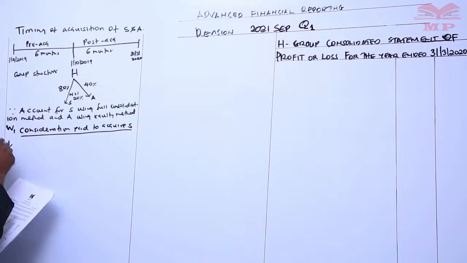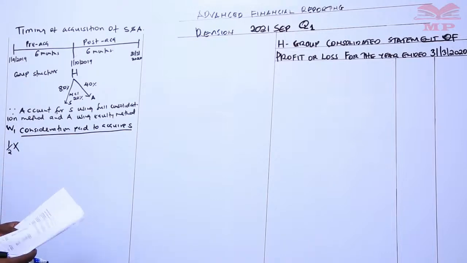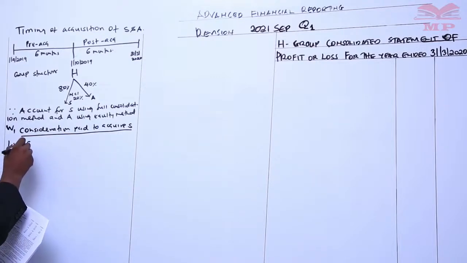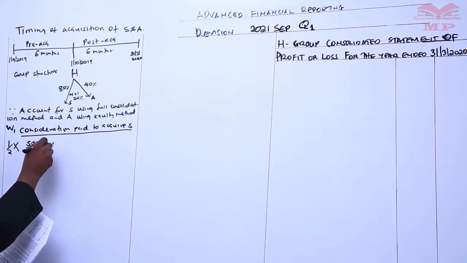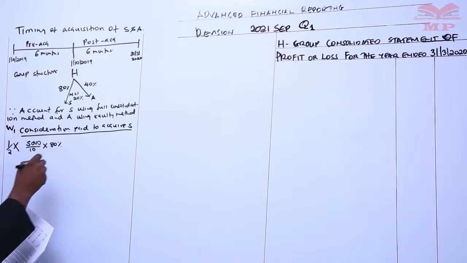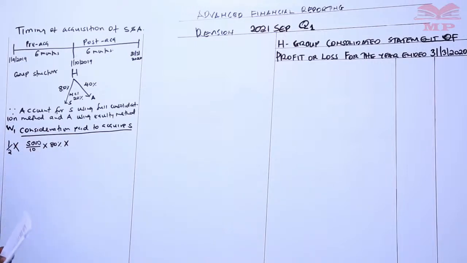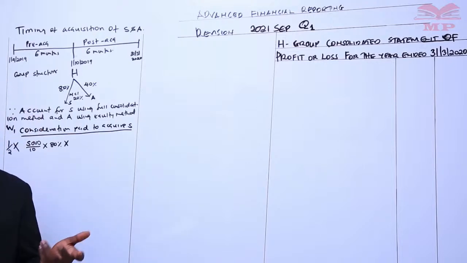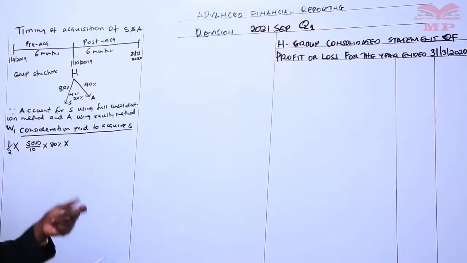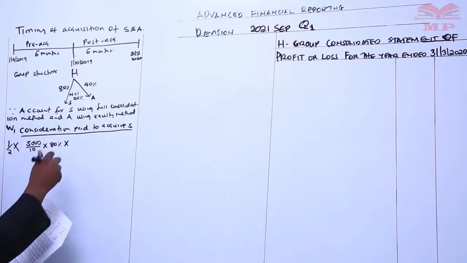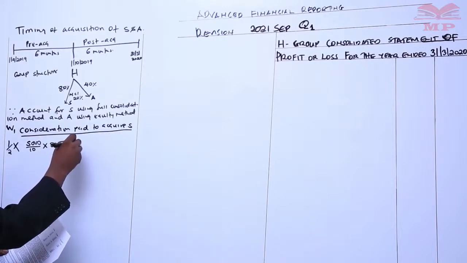1 for every 2. How many shares do we have for S? Go to the equity side. Ordinary share capital is 5 billion. So divided by 10. We acquired 80%. And then at what price do we value them? We value this consideration using the price of H, because H is the one paying to acquire S. So at 30 shillings.